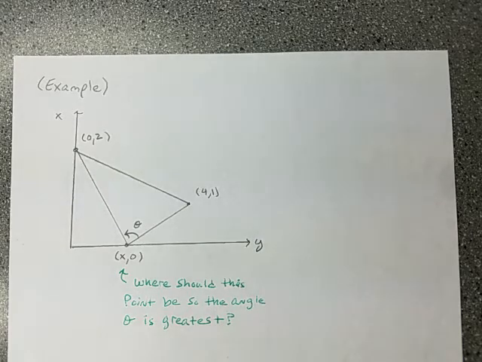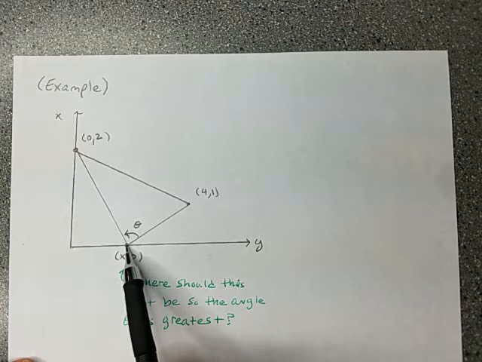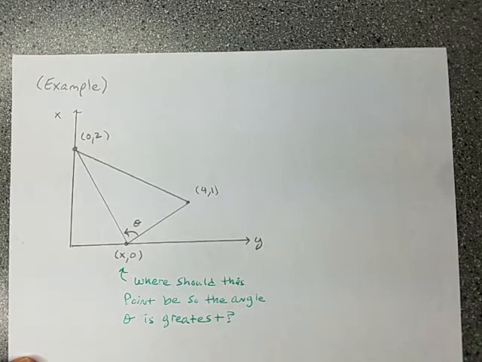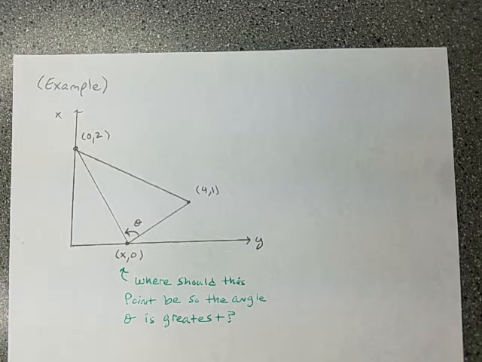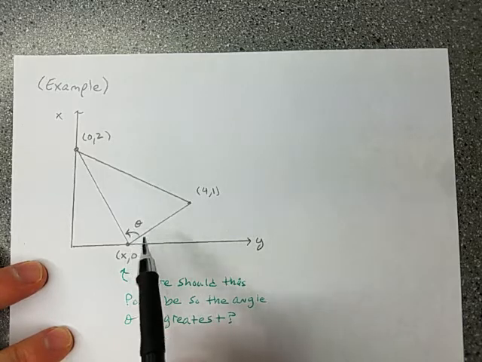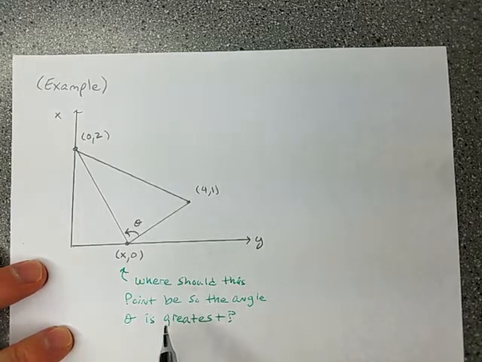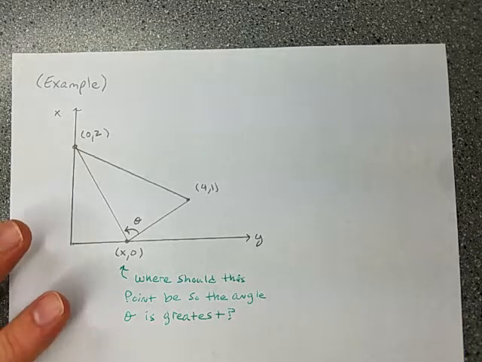There is a point where you could put this spot that makes this angle as big as it can possibly be. You can imagine that angle might differ as I move it around, but there's a point where it will be its greatest. So how do we answer that?